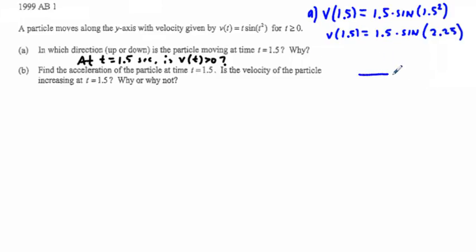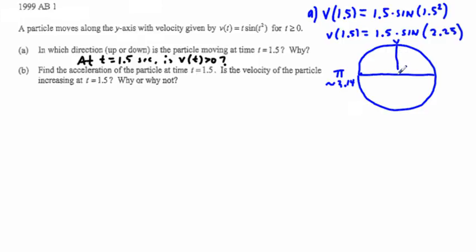Well, on a unit circle, you might recall this. We have a unit circle here. We should know that pi radians, and pi is approximately equal to 3.14, is over here at 180 degrees. And sine is the y value on a coordinate plane, and of course cosine is the x value.